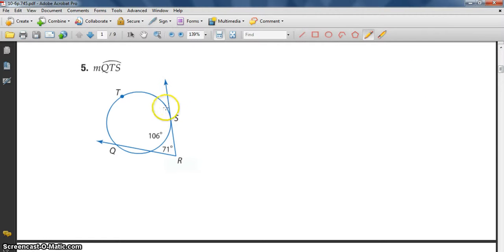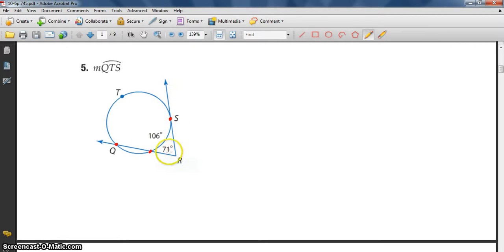Number 5. So now we have a secant line here because it intersects the circle in 2 points, and a tangent line here because it intersects the circle at 1 point. So whenever you have a tangent and a secant line and they're intersecting at some point outside of the circle, well, that angle is just going to be equal to half of the difference of the two intercepted arcs.